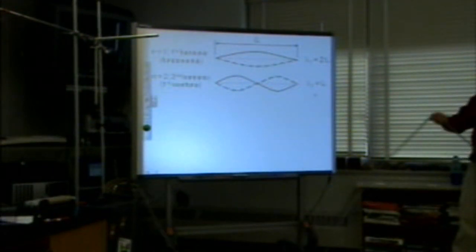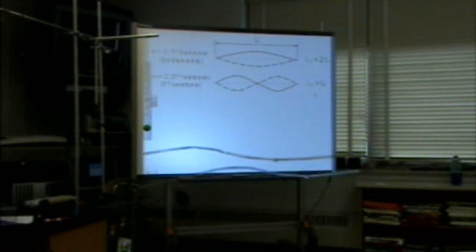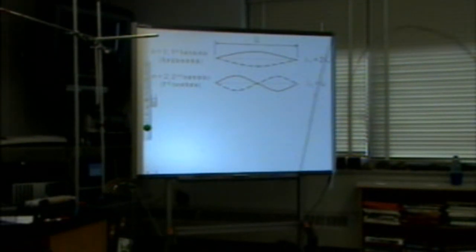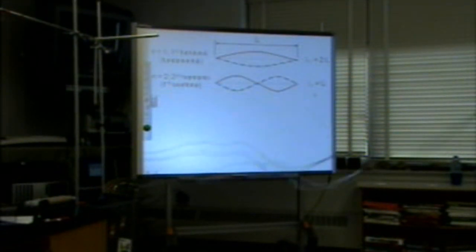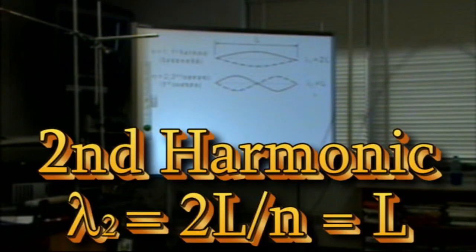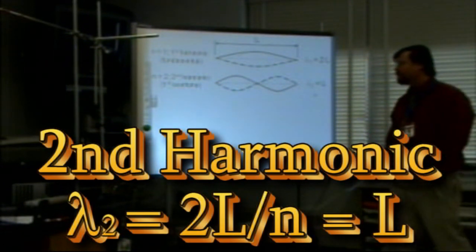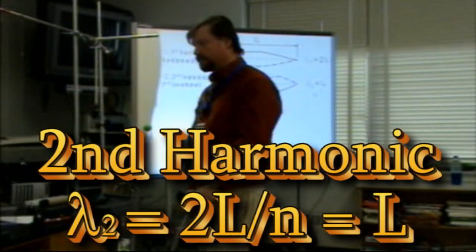And we talked about this, that when I do this, the length from me to the pole is the wavelength. So L, my length from here to there, is equal to lambda, the wavelength. And there's n equals 2 antinodes. It's the second harmonic.